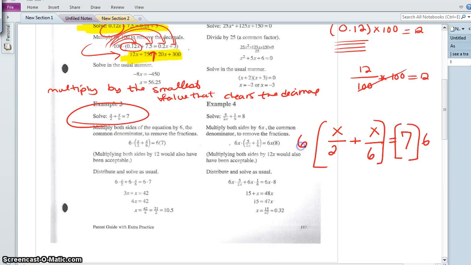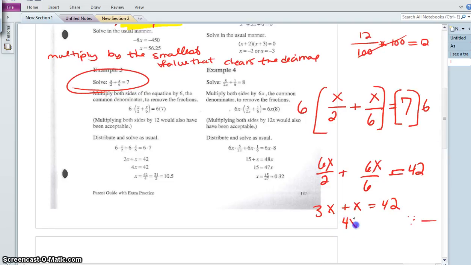So multiplying by 6 will give me 6x over 2 plus 6x over 6 equals 42. 3x plus x equals 42. 4x equals 42, and will allow me to solve for x easier than by adding and subtracting halves and sixths.